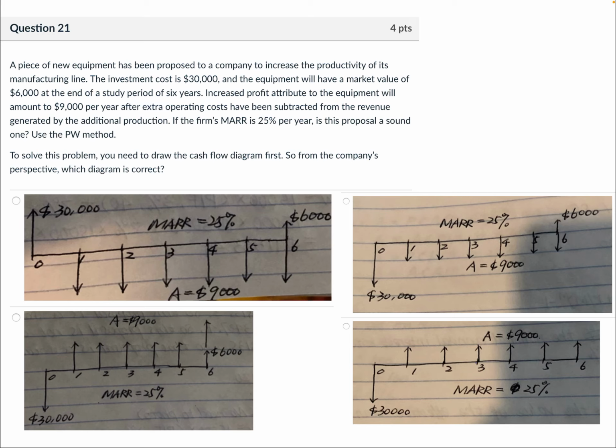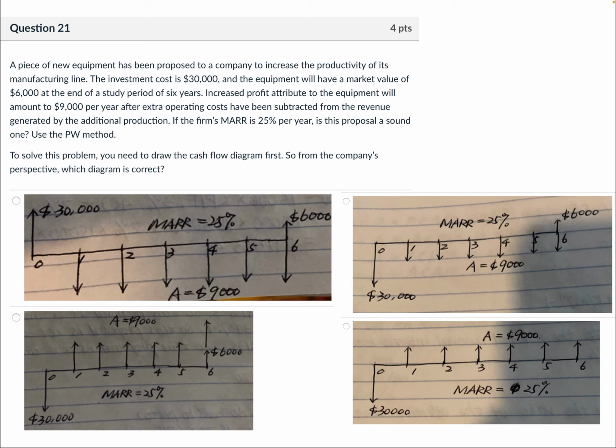Increased profit attributable to the equipment will amount to 9,000 per year after extra operating costs have been subtracted from the revenue generated by the additional production, which means the 9,000 is your pure receiving. It's a net income. If the firm's MARR is 25% per year, is this proposal a sound one?